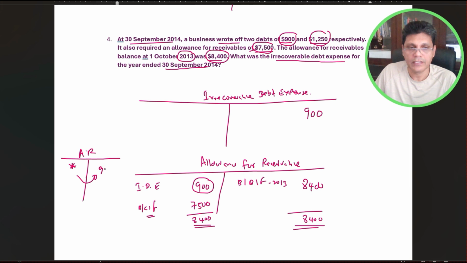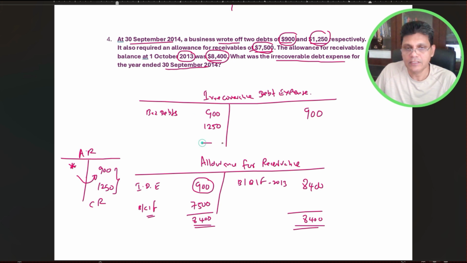How much? 900 and 1,250. So you credit accounts receivable and debit the irrecoverable debt expenses. So therefore you can say bad debts 900 and 1,250.